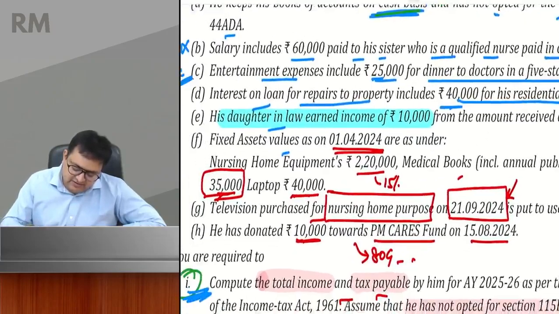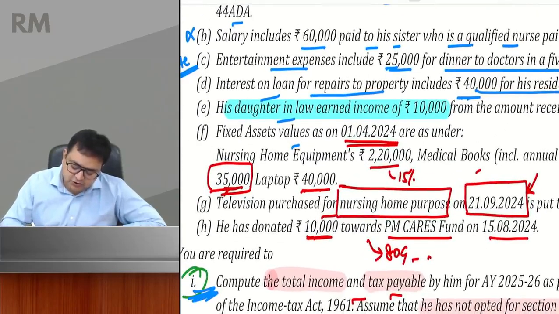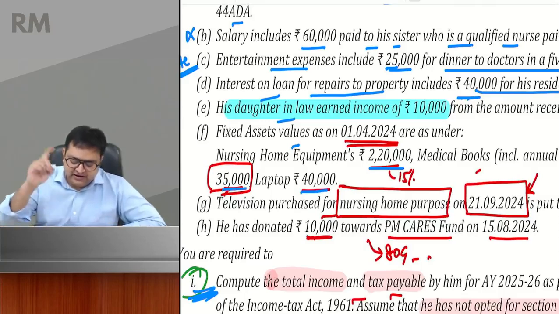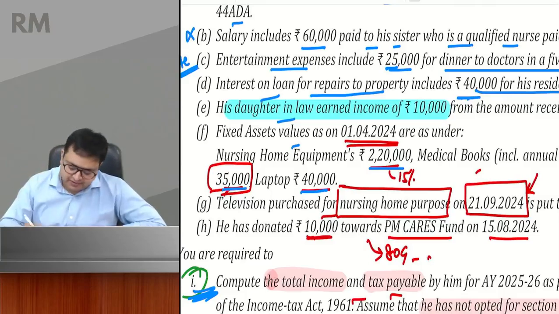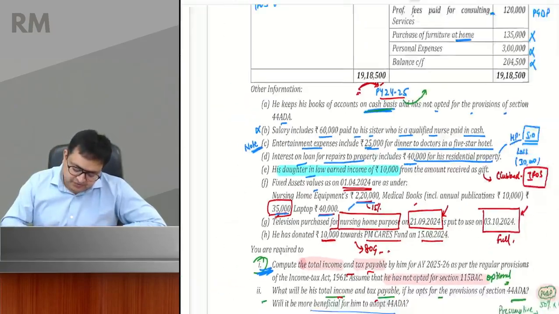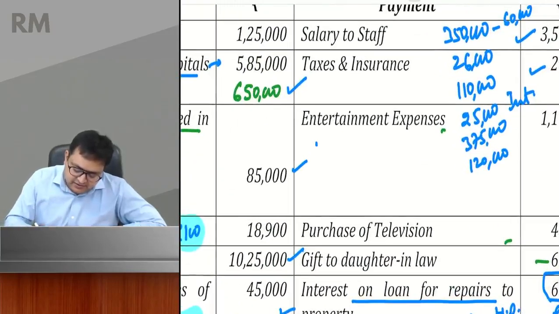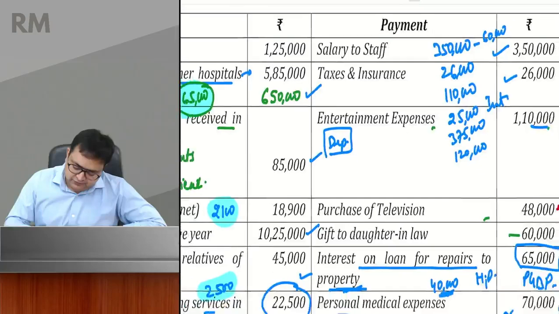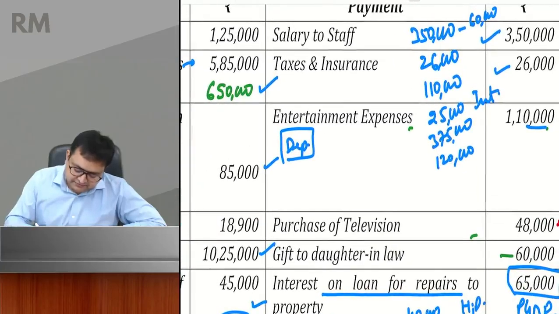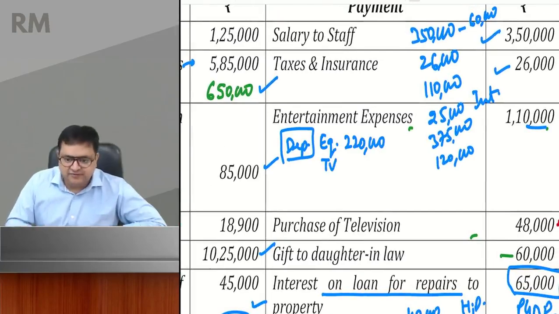So depreciation we will charge on 220, 15%, and on laptops 35,000, 40,000, and also on television. Let me write it over here. Depreciation on equipments, 2,20,000, and on TV also it is 15%.